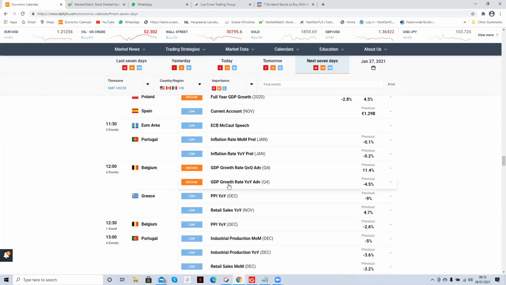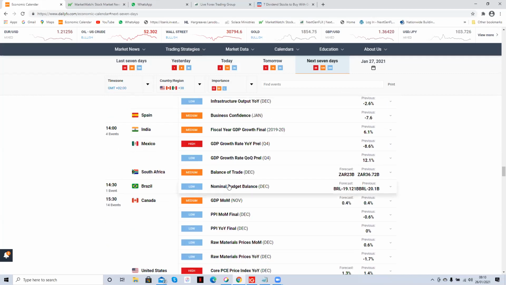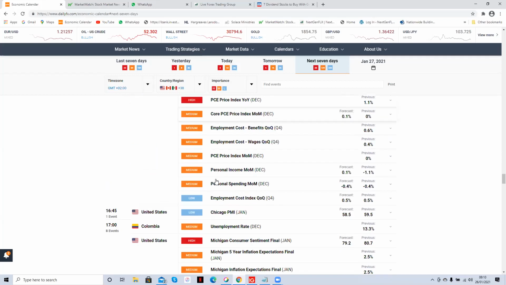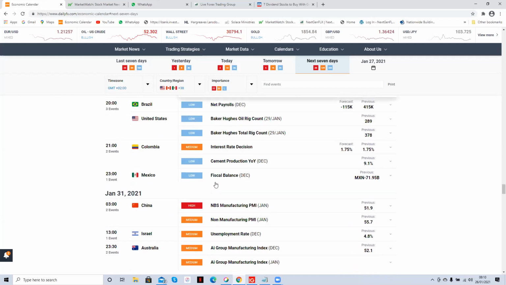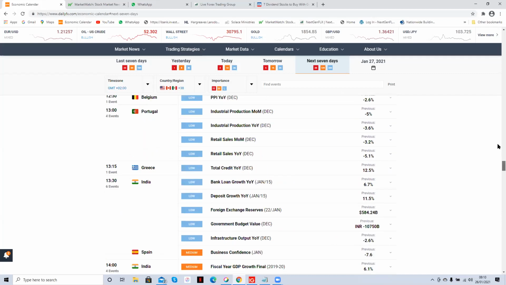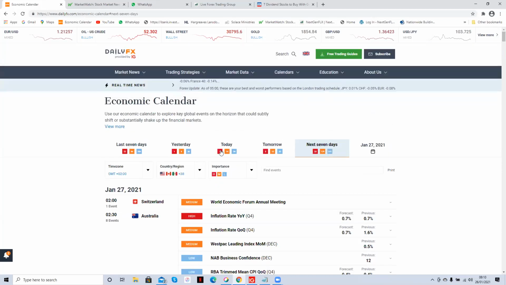And German GDP growth rate. You can ignore Mexico. So we've got some big reports coming out later on in the week. But the biggest one is the US Fed interest rate decision tomorrow evening.